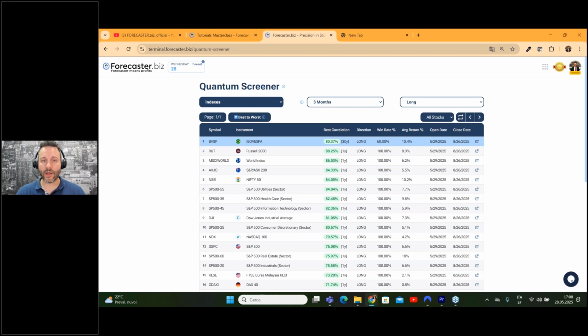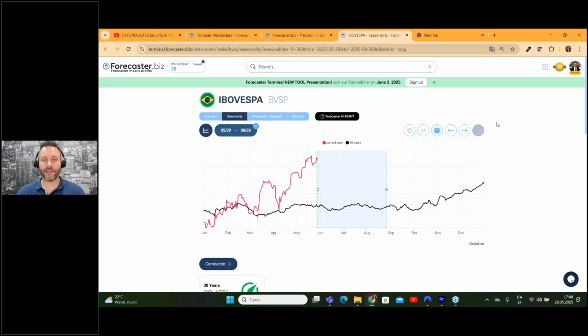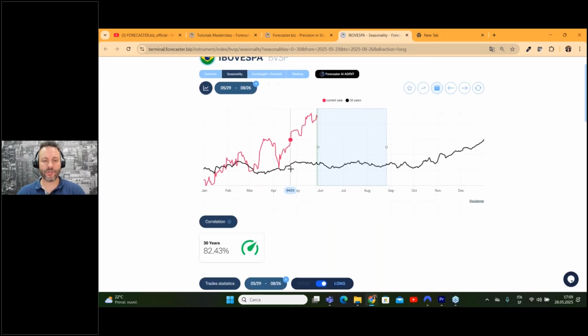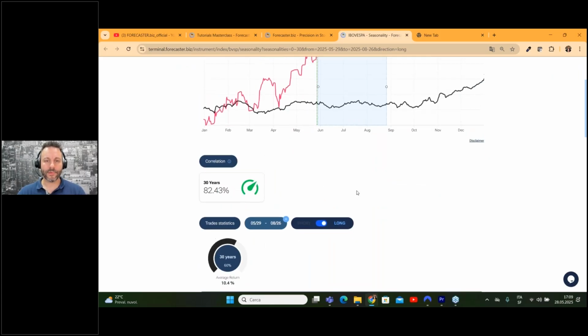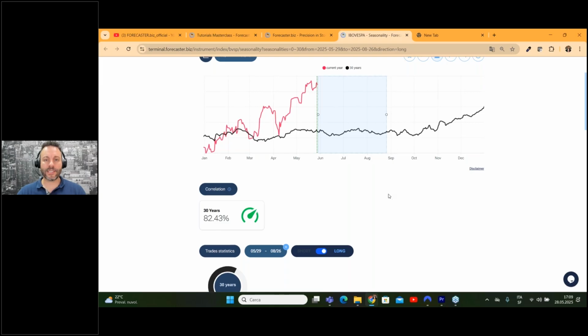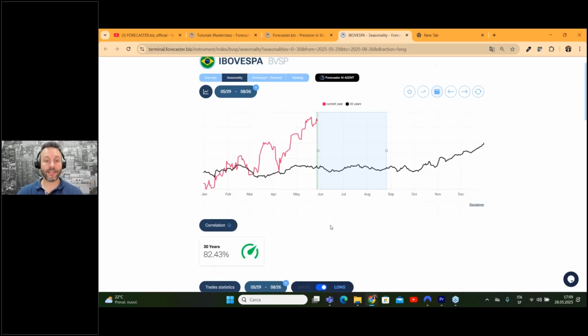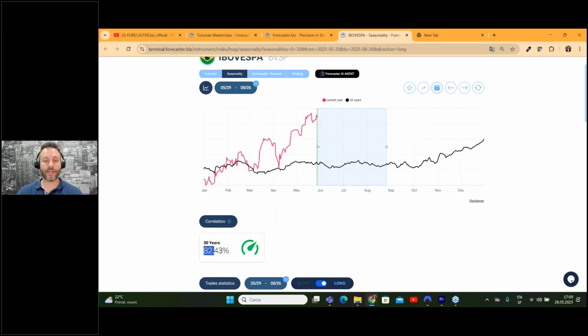If we open this specific instrument, as you can see, we go directly to the seasonality page and we have all the data. Okay, so the system automatically selects the most relevant seasonality because of its correlation.